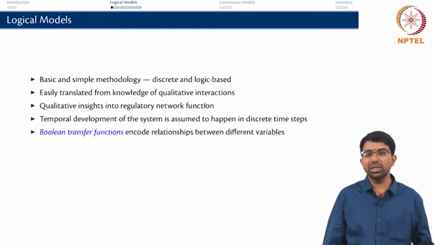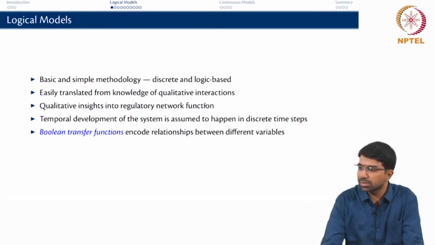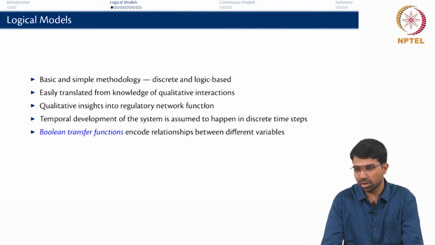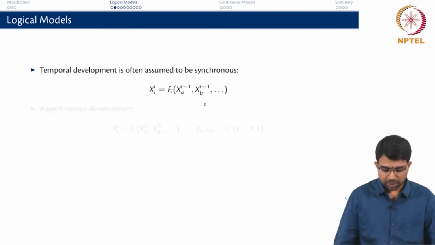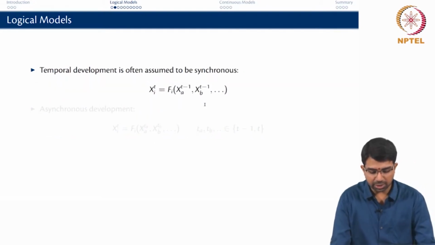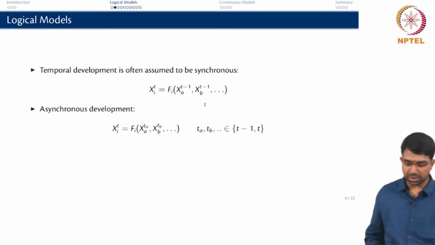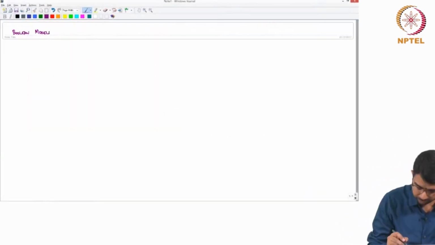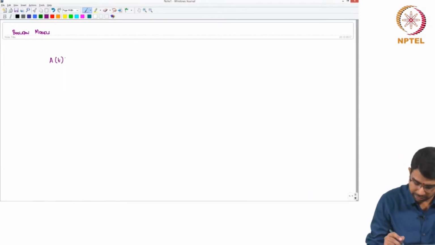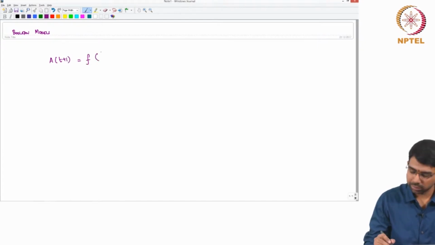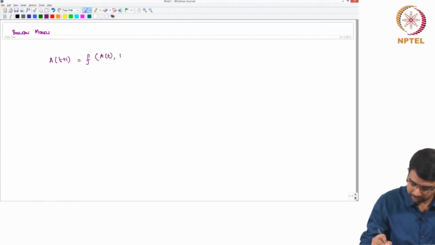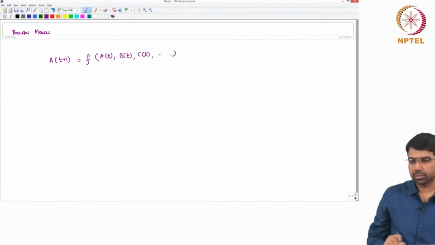There are what are known as Boolean transfer functions that encode relationships between the different variables or the different states. The temporal development is often assumed to be synchronous or asynchronous. Let us just see what this is. You basically have A of t plus 1 is f of A of t, B of t, C of t and so on.